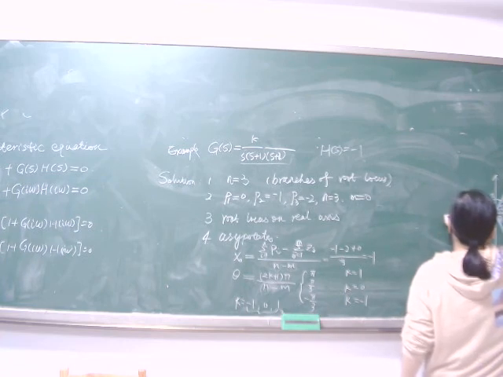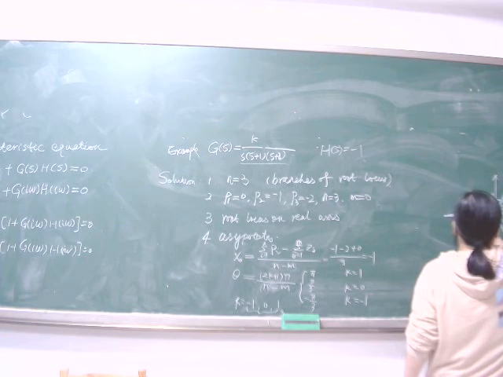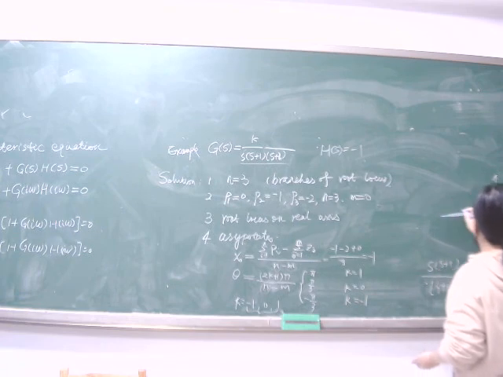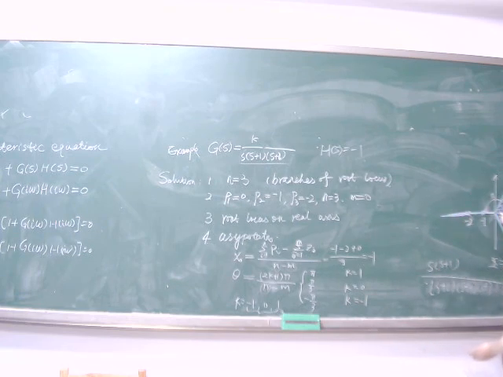How can you find k equal to minus 1, 0, 1? This point is minus 1, so this line is parallel to it, and this is also parallel to it.